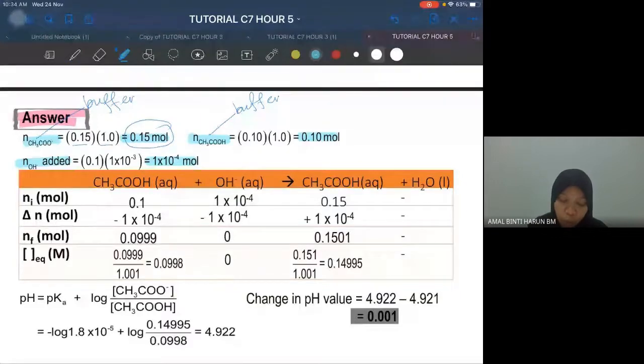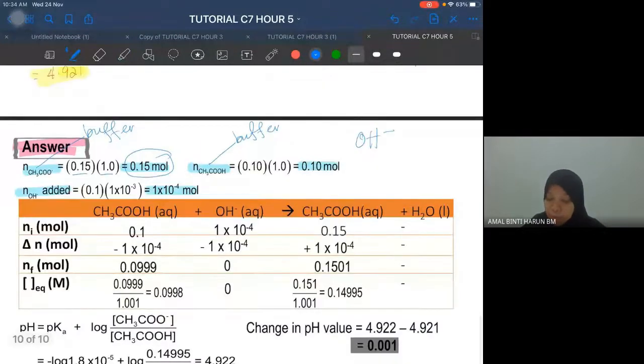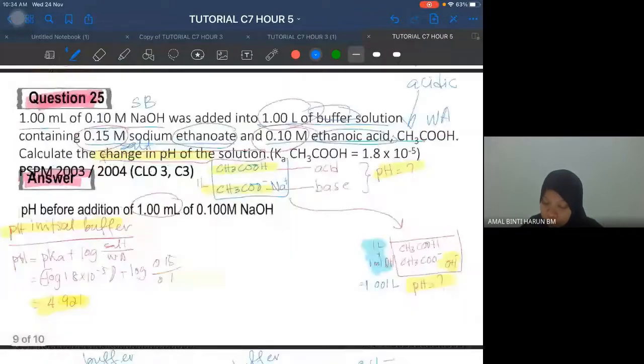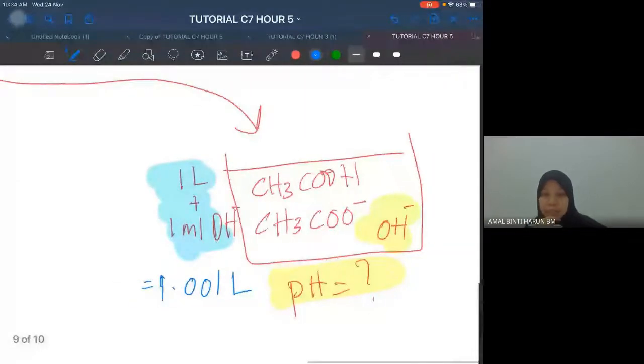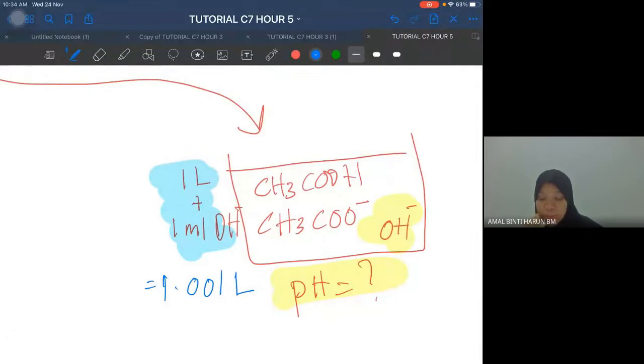Sekarang kita buat unstable. Unstable kita, once kita tambah OH minus, spesies mana yang akan react? Spesies mana yang akan neutralize this OH minus? Of course, yang ni kan. Dia akan keluarkan dia punya H ni, dan dia akan neutralize this OH minus.